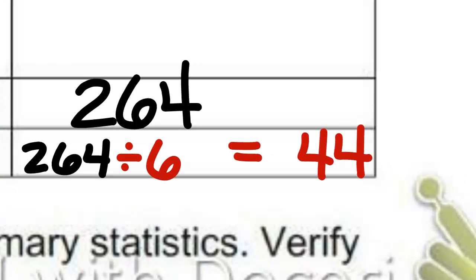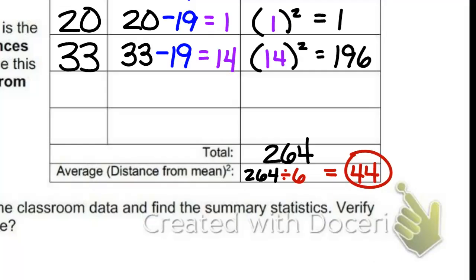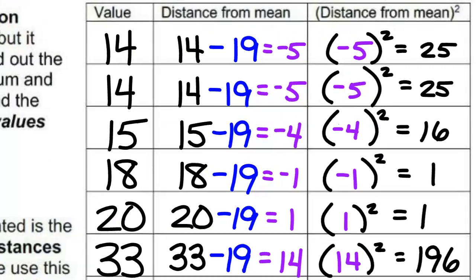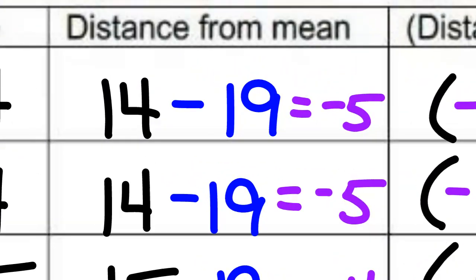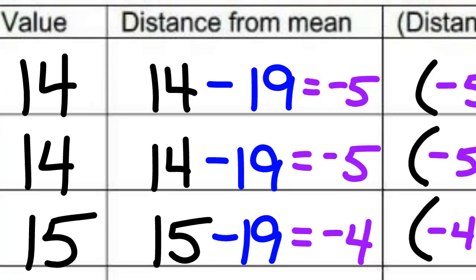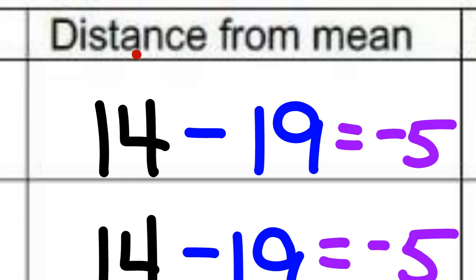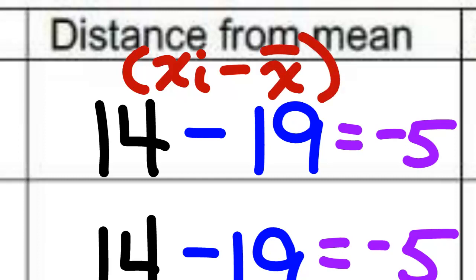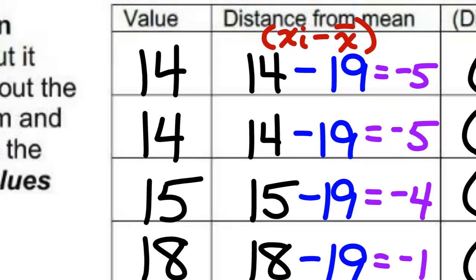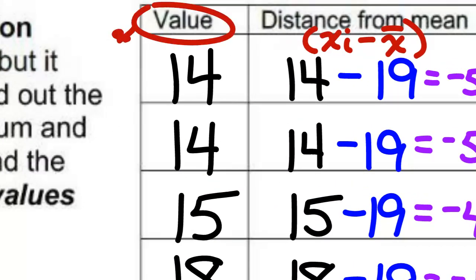All right. So before we push forward into anything, I wish I had room to write above, but for distance from mean, what I want you guys to have here is that this should be xi minus x bar. I would write it above here. Value, each of those is an xi.